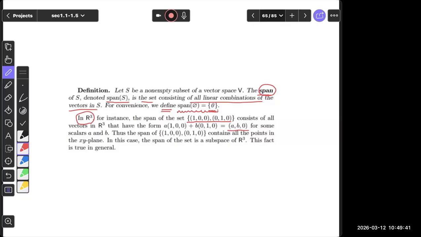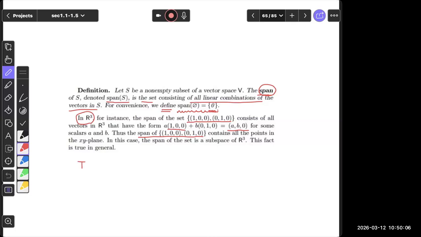For any a and b, we can represent the vector (a,b,0) as a linear combination of (1,0,0) and (0,1,0). So the span of (1,0,0) and (0,1,0) will be the points in the xy plane.